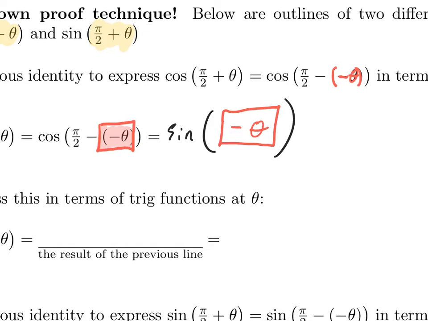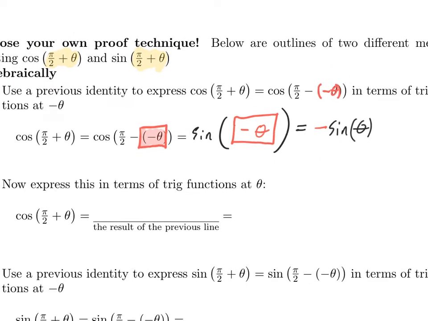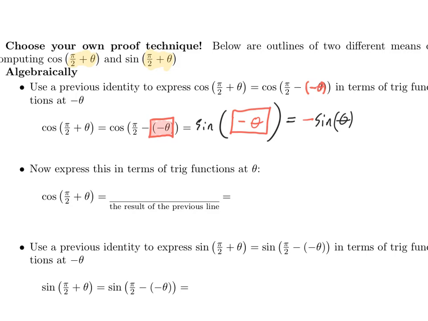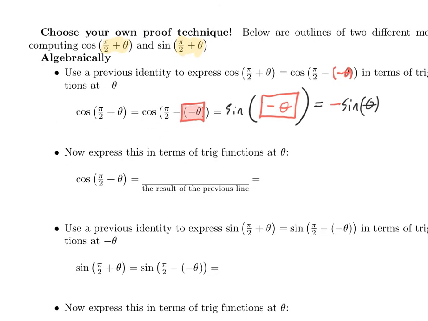So now you should ask yourself, what's the sine of negative theta? Well, by looking at that cover page where all of these identities are written, sine is an odd function, so the sine of negative theta is exactly the same thing as negative the sine of theta. So the cosine of pi over 2 plus theta is exactly minus the sine of theta. We can do the same thing. Oh, okay, so that's 2 lines done all in 1 line.